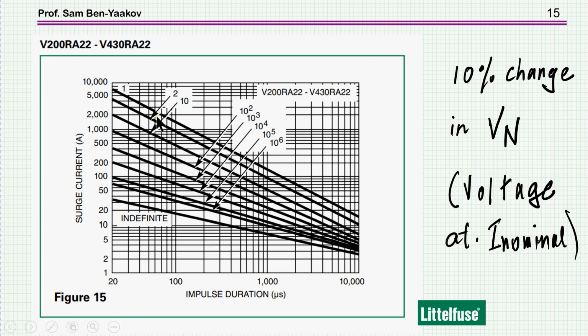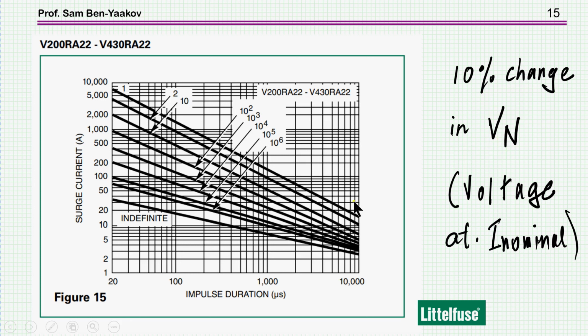What it means is that if there is a pulse of 100 microseconds, and the current is like 1500 amp here, then the unit will be damaged, but not more than 10% change in the normal voltage.